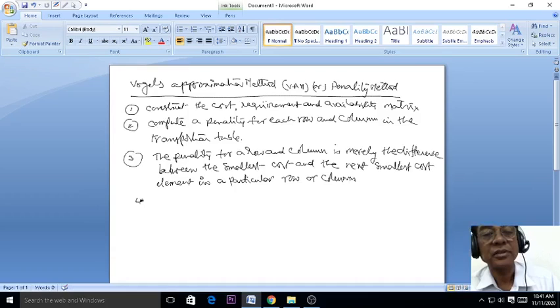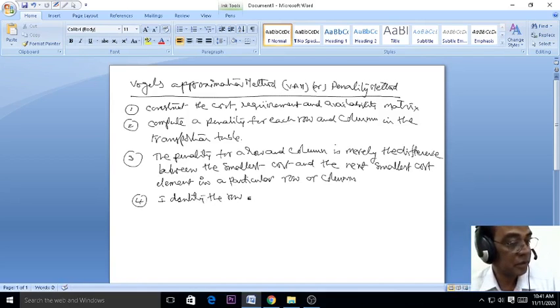Next, fourth step, identify the row and column with the largest penalty.